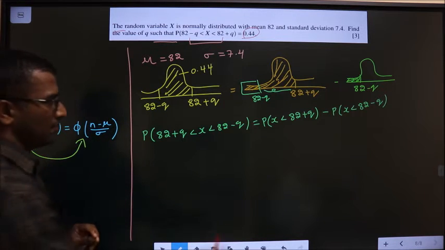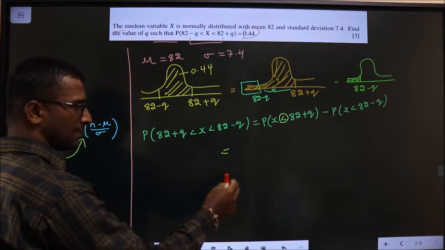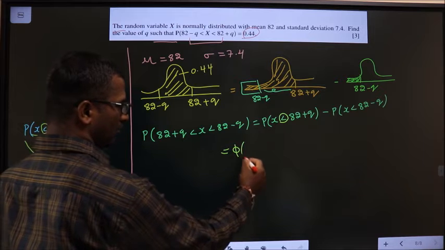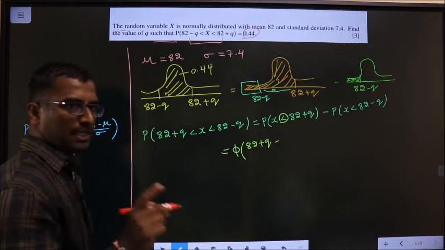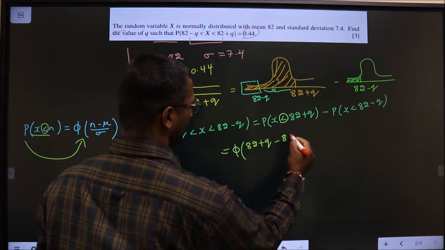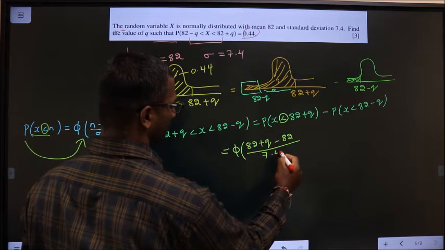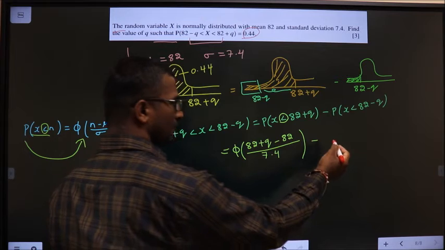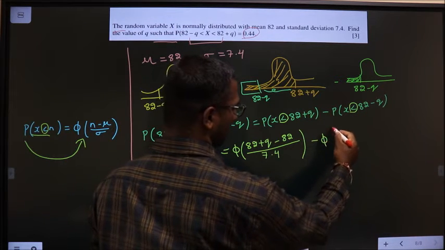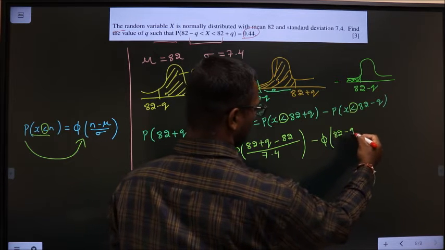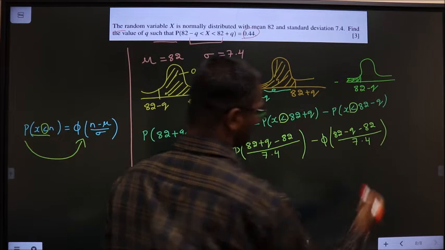Now you see here, the symbol is less than. So whenever it is less than, P will get converted to phi of (82 plus q minus mean 82) by standard deviation 7.4, minus, since here also the symbol is less than, phi of (82 minus q minus mean 82) by 7.4.